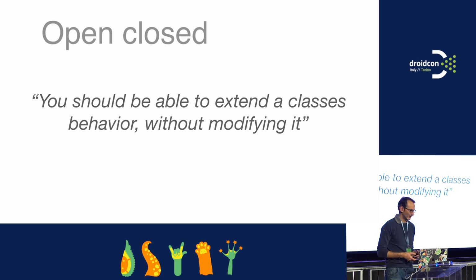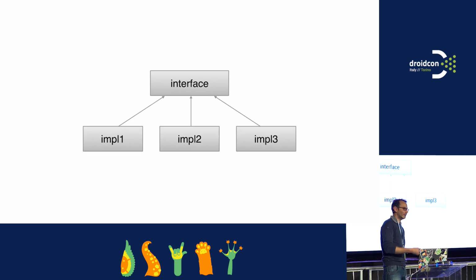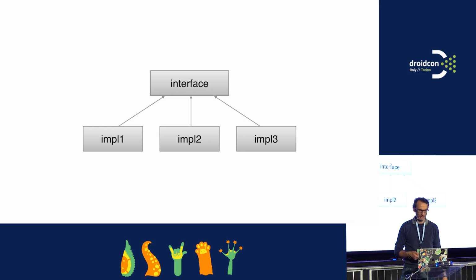Basically it says that we should use inheritance in a good way. An example is an interface with 2 implementations. If we want to change something, we don't modify the implementations, so the code is closed for modification, but open for extension. So we add another implementation of the same interface, maybe with a factory to hide the implementations.